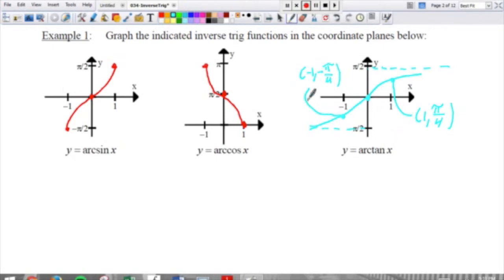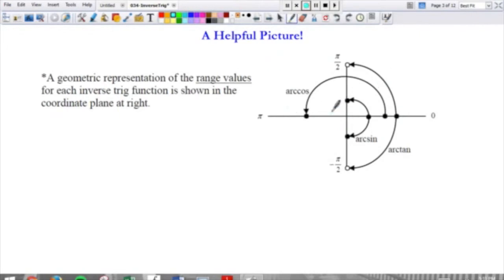Now, to help you remember these domains, we have this picture at play. Arcsine and arctan live here. Arctan has outputs between pi over 2 and negative pi over 2.